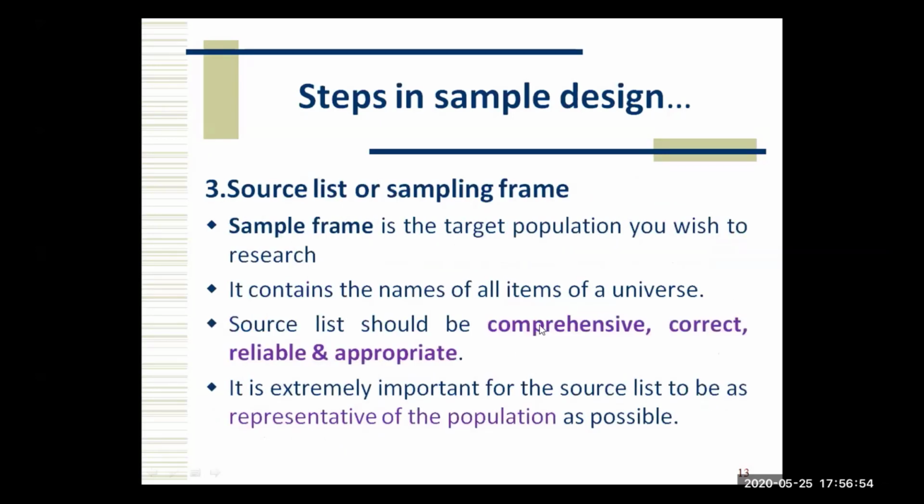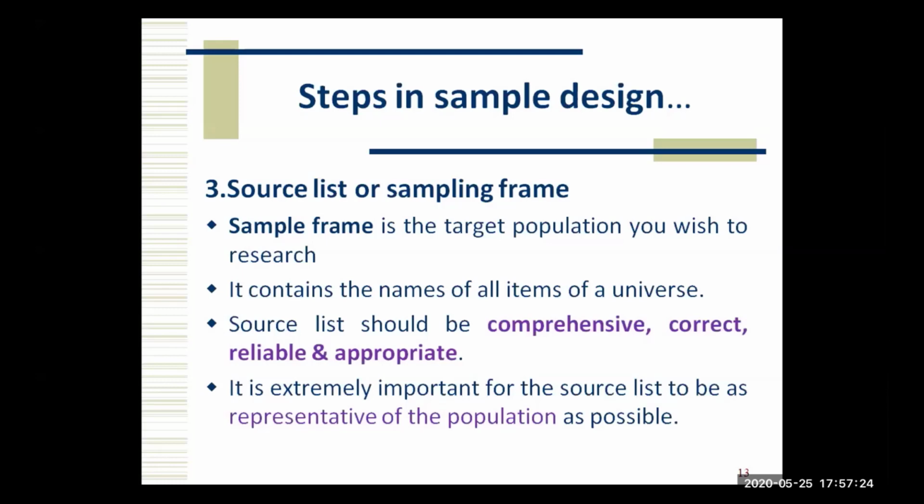The source list or sampling frame is also a third point that you need to know about in the sampling design before actually designing the sample. The source list versus sampling frame. The sampling frame is the target population you wish to research specifically, and this must contain all items for your investigation.